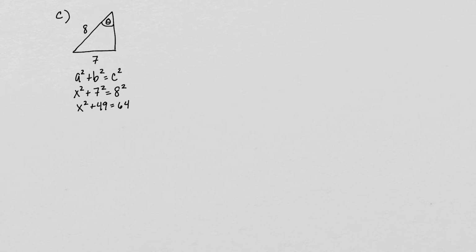If I subtract 49 from both sides, we end up with x squared equals 15. So x is going to be plus or minus the square root of 15. In this case, we're just going to take the positive one. So this missing side is going to be the positive square root of 15. You can't break down the square root of 15, but even if I could, I'm not going to. We're just going to leave it with the square root of 15 in it. Any questions on how I got that?